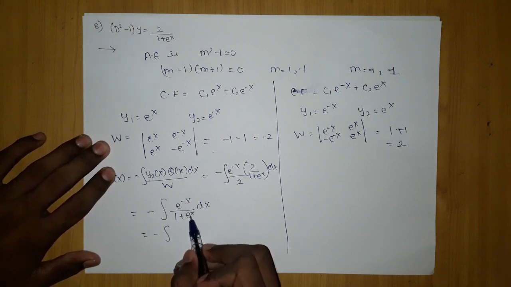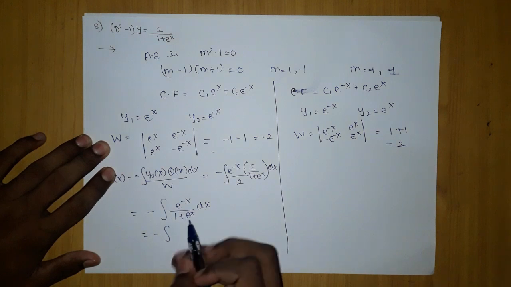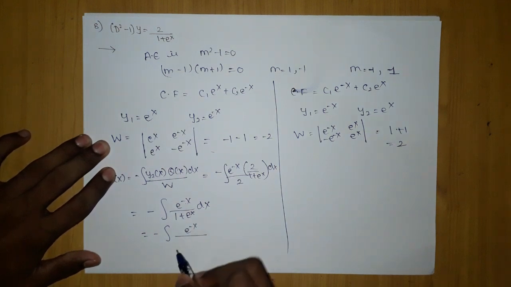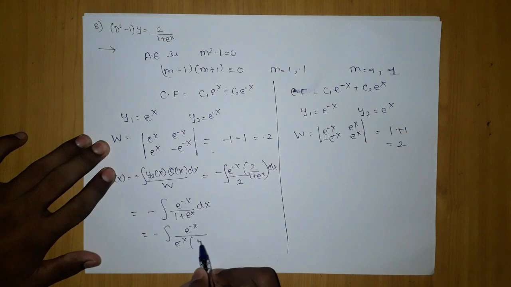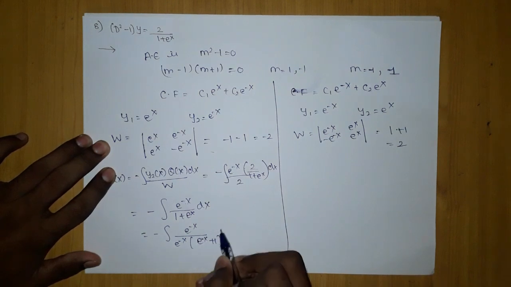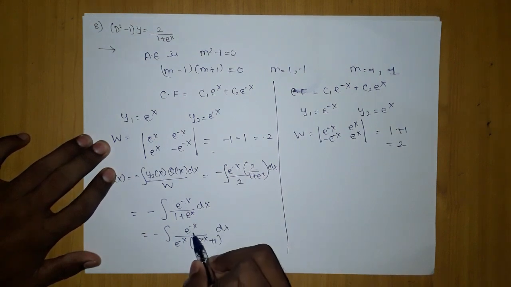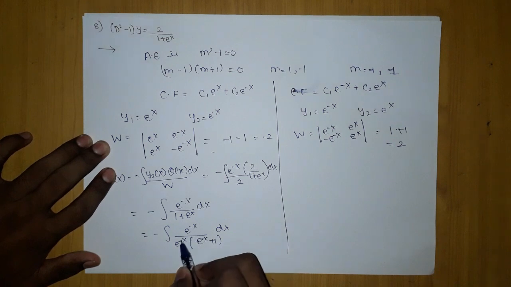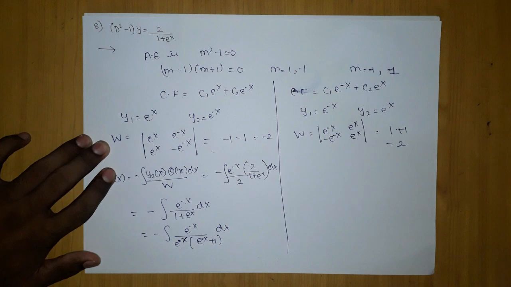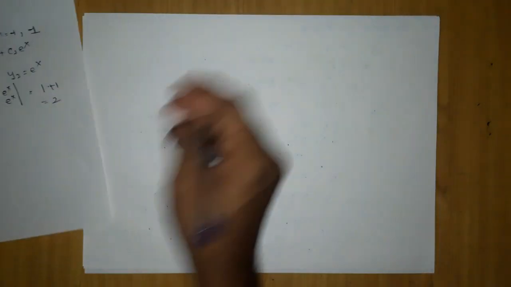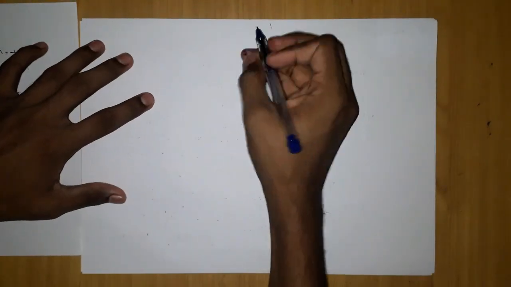So you are going to take e to the power x common from the denominator, which will leave e to the power minus x here and plus 1 into dx. So when you move it up, you are going to take e to the power x common, not e to the power minus x. Now let me solve here and make the two partitions.